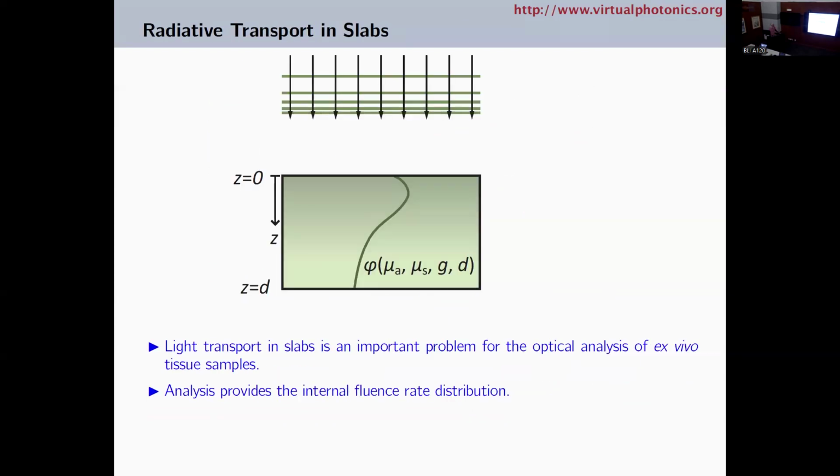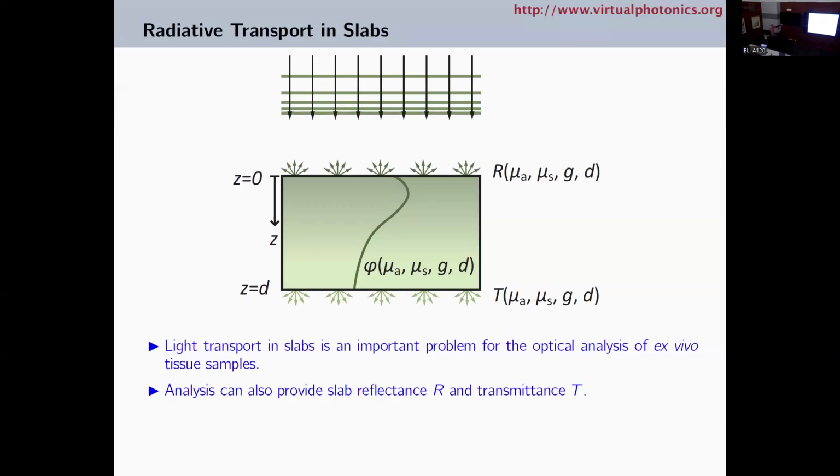And then, just as a segue to transition into Scott's talk, everything I've shown you is in semi-infinite media, and light transport in slabs is a very important problem because you can actually get very good results using delta P1 in slabs of modest thickness. But the key thing here is that the internal distribution results in your measured reflectance and transmittance.